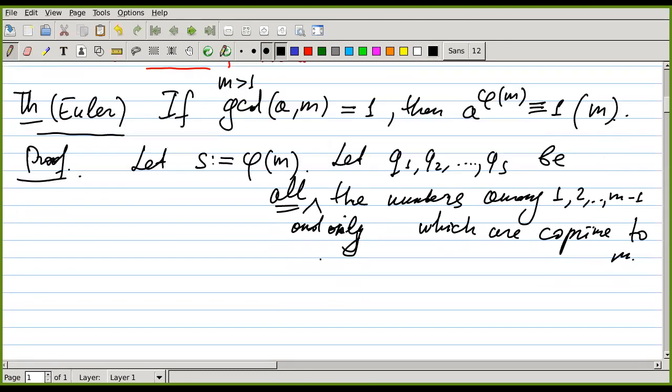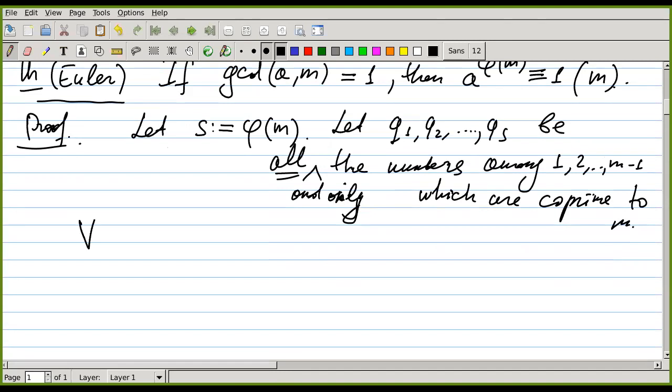Is it clear? So for every q, I have this equation. Is it clear? Yes.